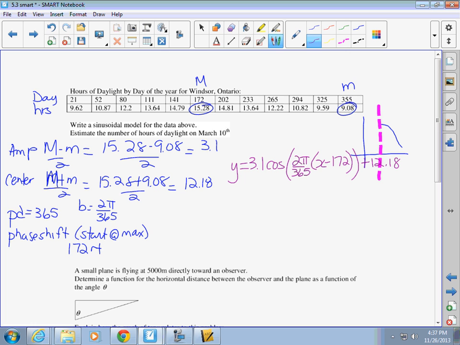So the second part of this says estimate the number of hours of daylight on March 10th. So what I need to do is find my x value. March 10th means that this is January, so I had 21 days in January, plus 52 days in February.